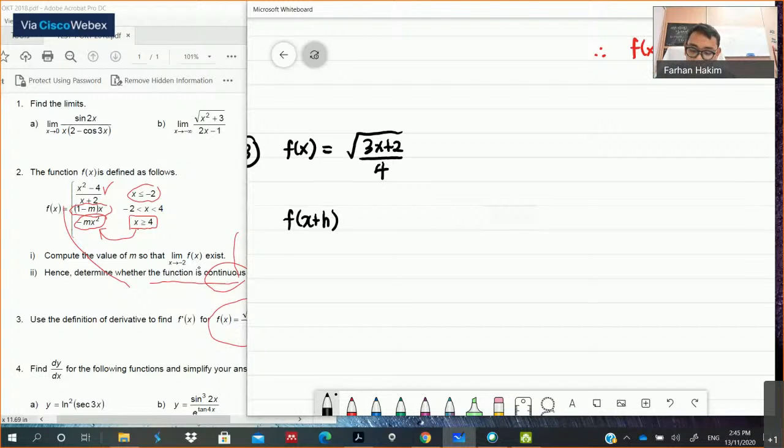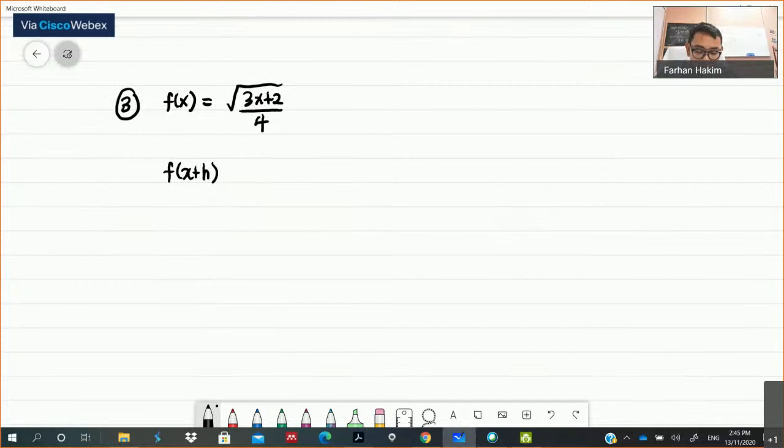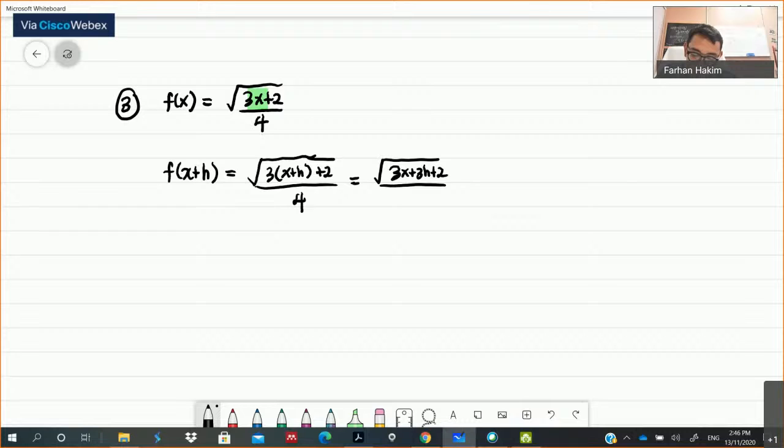I'm going to zoom in on this. At x we substitute x plus h, so we have 3(x plus h) plus 2, everything divided by 4. We can expand this to get 3x plus 3h plus 2, everything over 4.